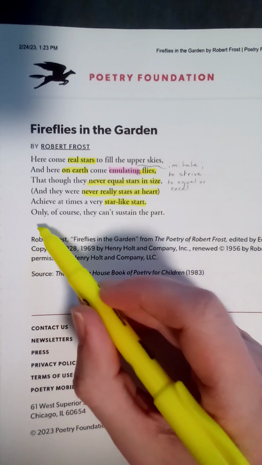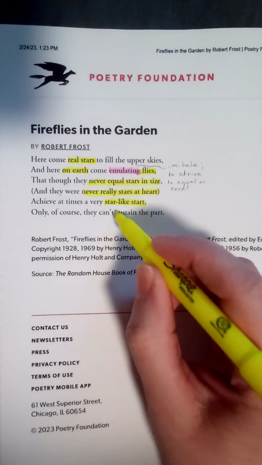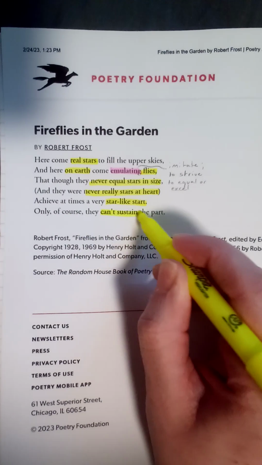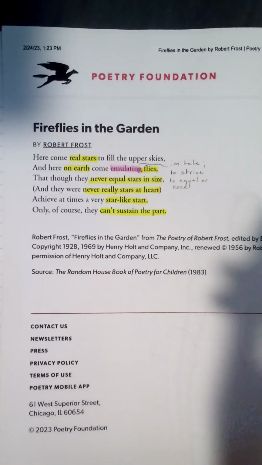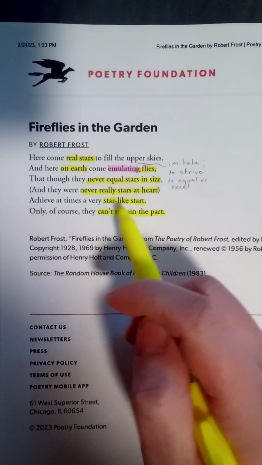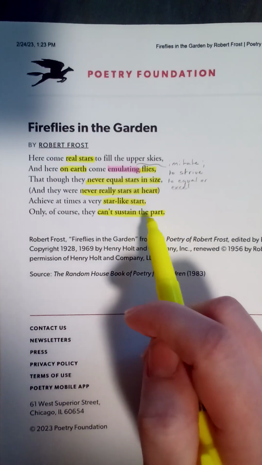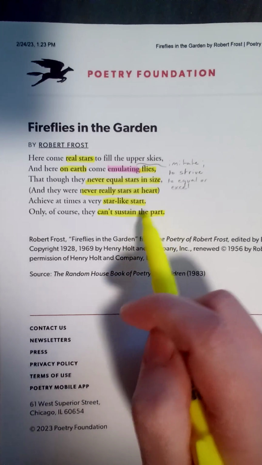And then next line, only of course, they can't sustain the part. So I'm going to highlight can't sustain the part because even though they start out a little bit like stars, even though they can glow, they can't do it forever and they can't do it all the way. Now let's think about the part.